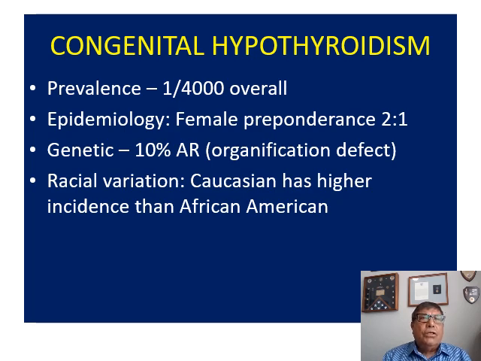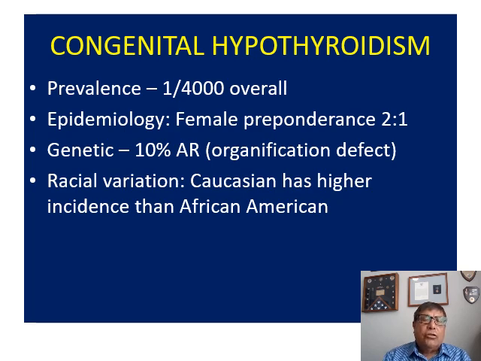Epidemiologically, it is also seen that there is a female preponderance of 2 to 1, and 10% of all congenital hypothyroidism is due to the organification defect, and they are autosomal recessive. This is the one that may have goiter at birth, or the goiter might appear as the baby grows.